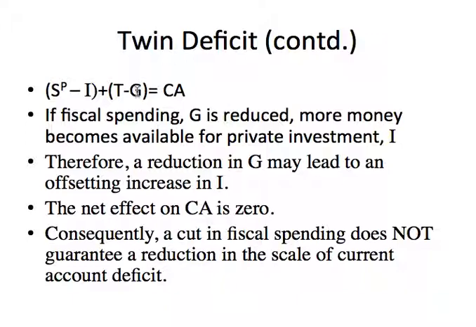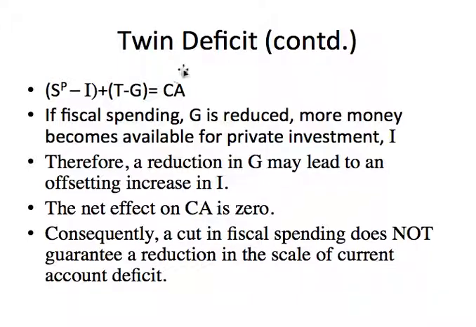Therefore, a reduction in government expenditure may lead to an offsetting increase in investment, because suppose that the government wanted to invest $500, but the government has cut down its spending by $500. These $500 are now available to private firms who can now invest them in their own firms.